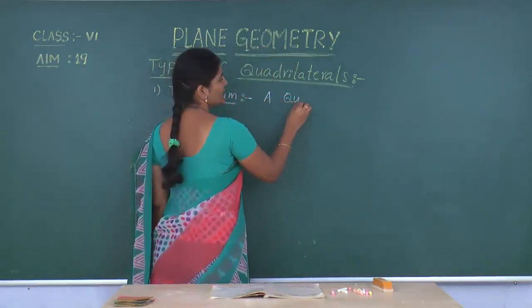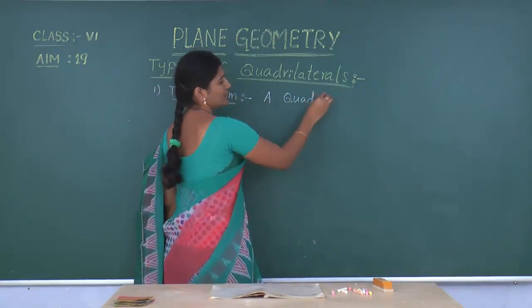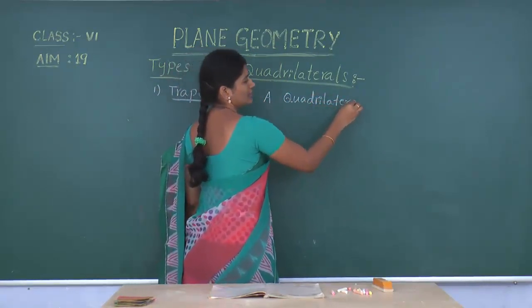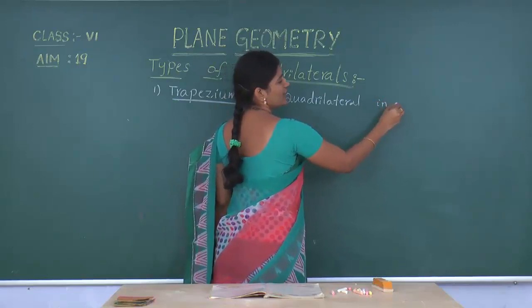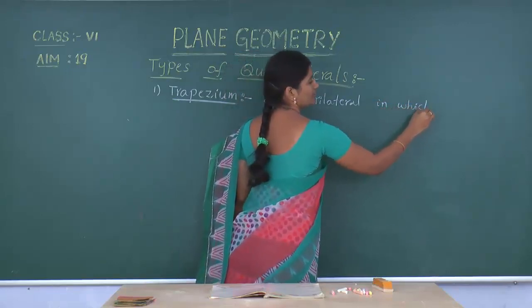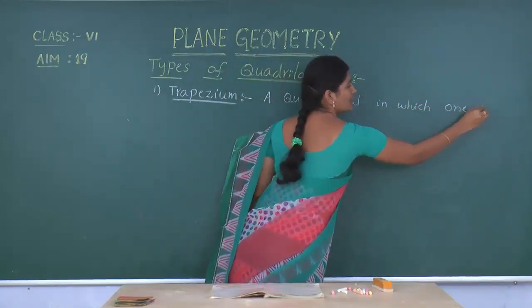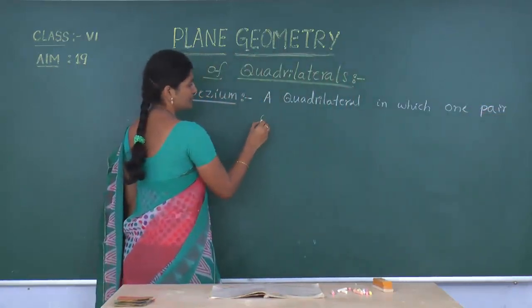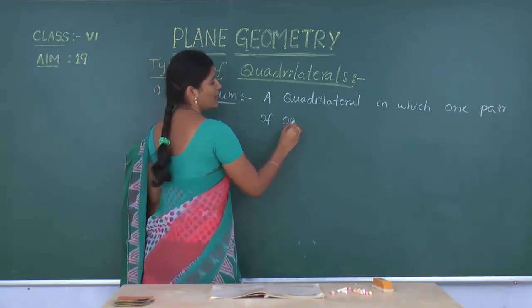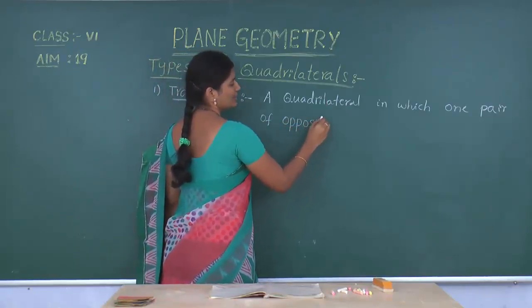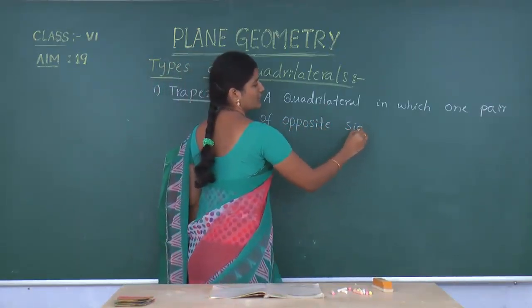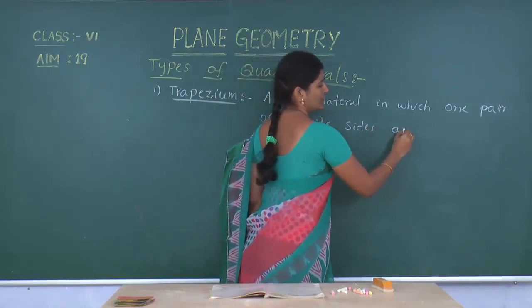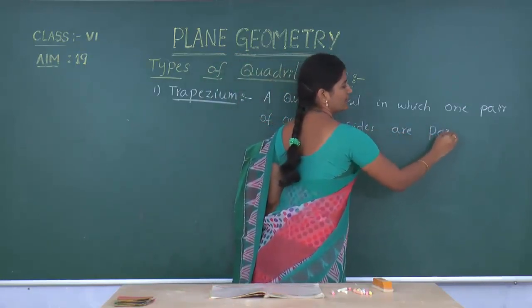A quadrilateral in which one pair of opposite sides are parallel.